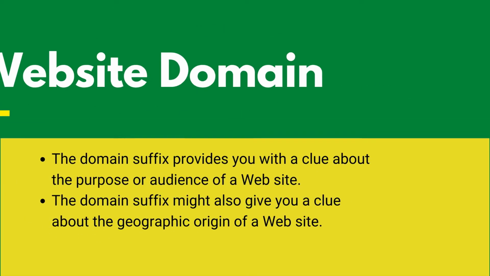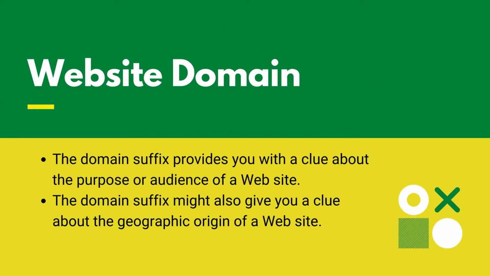You can have a clue of what the web page objective is by just its website domain. The domain suffix provides you with a clue about the purpose or audience of the website. This can also give you a clue about the geographic origin of a website.